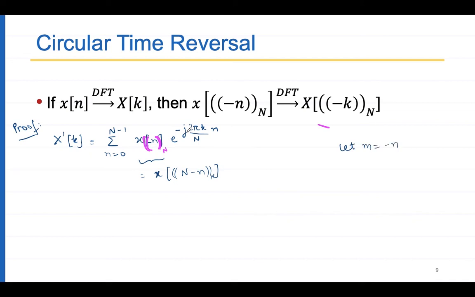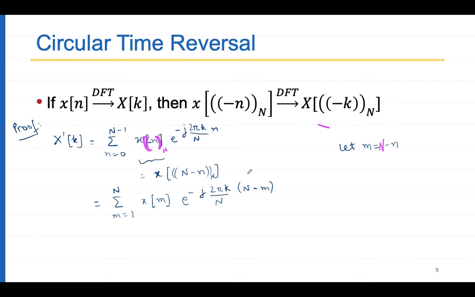Now let m be equal to minus n, right? I think it should be N minus n. Let m equal N minus n.